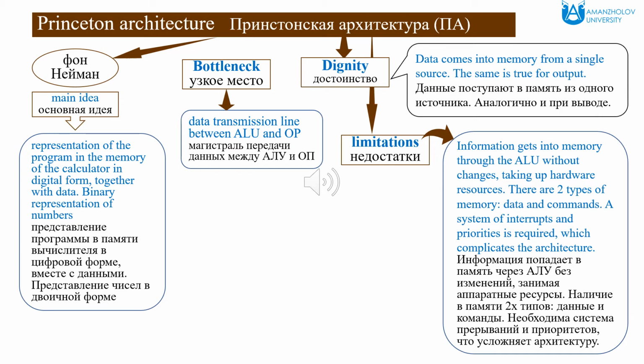Advantage: data comes into memory from a single source. The same is true for output. Limitations: information gets into memory through the ALU without changes, taking up hardware resources. There are two types of memory: data and commands.